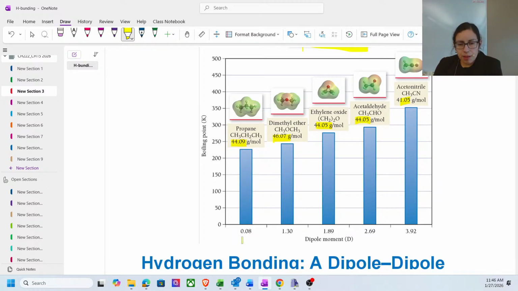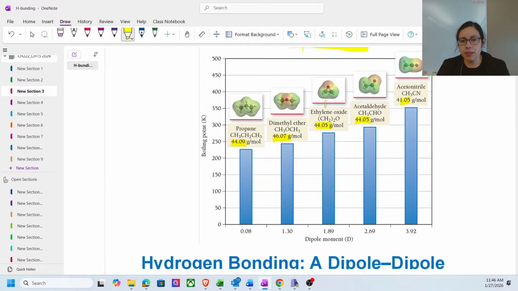If we were to look this up, it has a dipole moment of 0.08, so pretty much close to perfectly nonpolar. And so it has our lowest boiling point, and then dimethyl ether. Now we have an oxygen in the center here. Again, a little slightly polar from that region of electron density, so 1.3. Again, we just see it slightly increasing the boiling point.